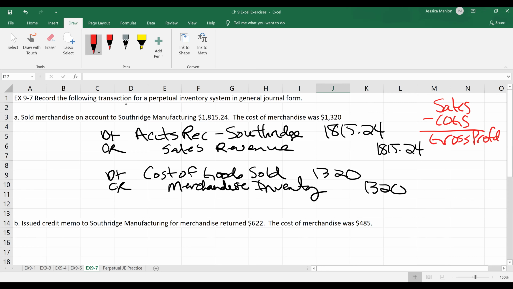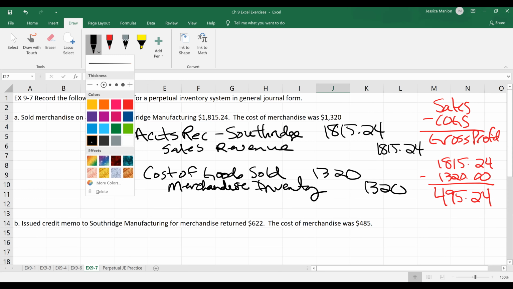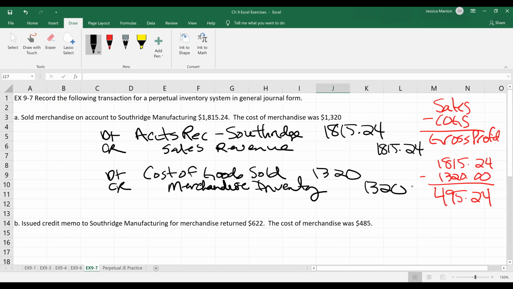So on this particular sale, if we took 1815.24 minus 1320, let me get my calculator here. So 1815.24 minus 1320. That means we got gross profit on this sale, 495.24.